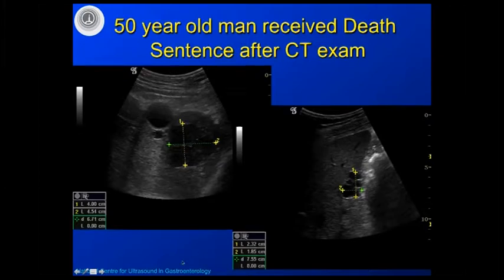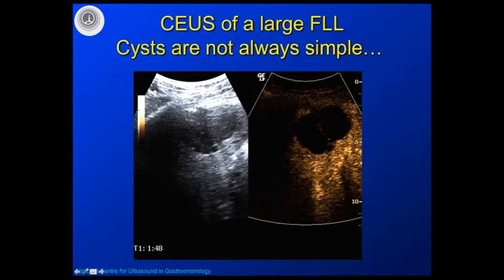So he came all the way from another part of the country to have this examination, and you can clearly see that this suspicious lesion upon CT was actually a benign cyst, no danger at all. So he could walk up to the ultrasound room with a straight back and a new hope for his life.